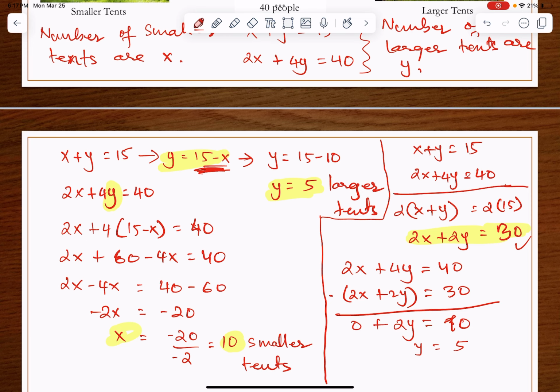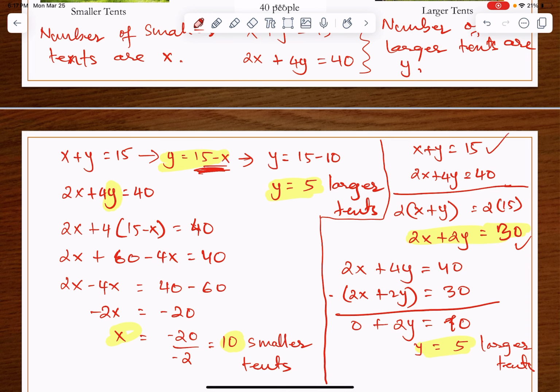So you got the value of y as 5. That means we have 5 larger tens.